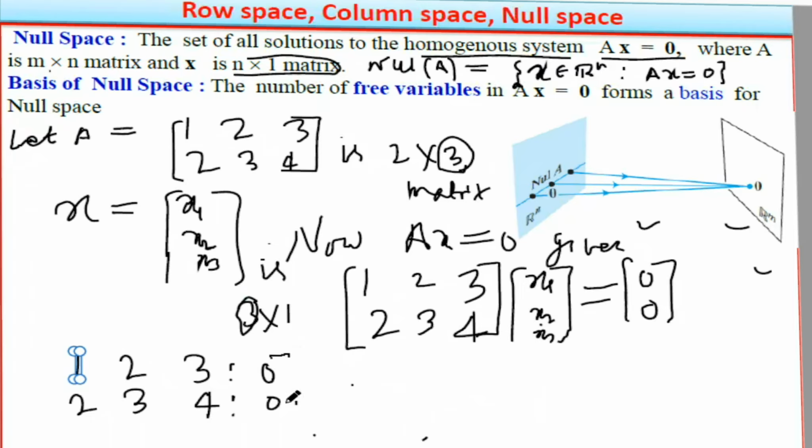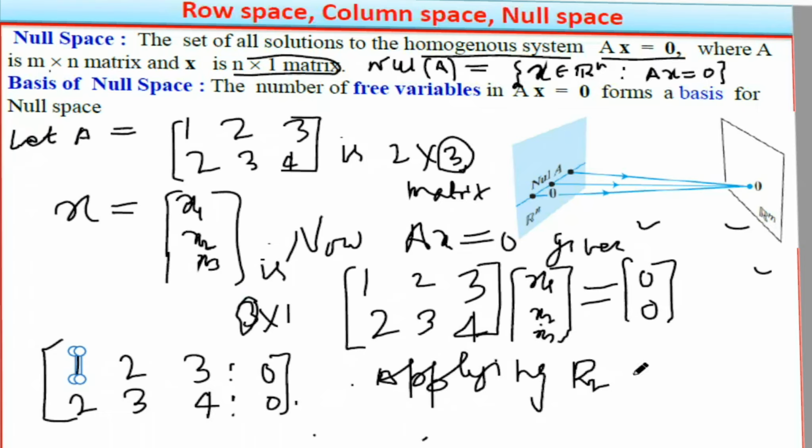To reduce it into equivalent form, we apply R2 changes into R2 minus 2 times R1. We want the elements below the main diagonal element to become 0.